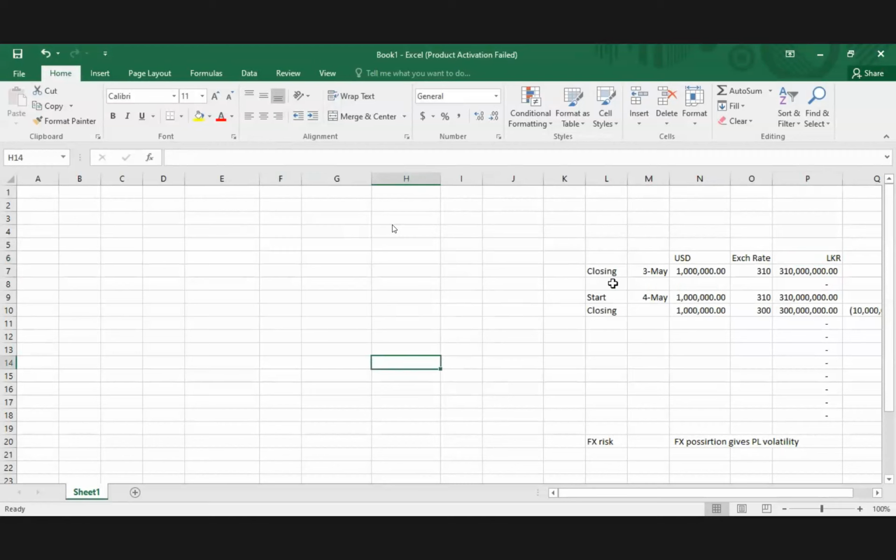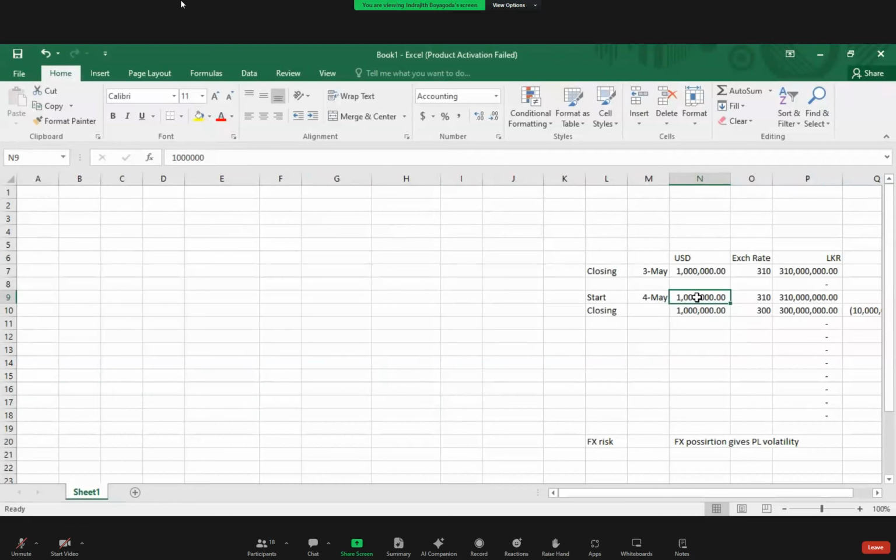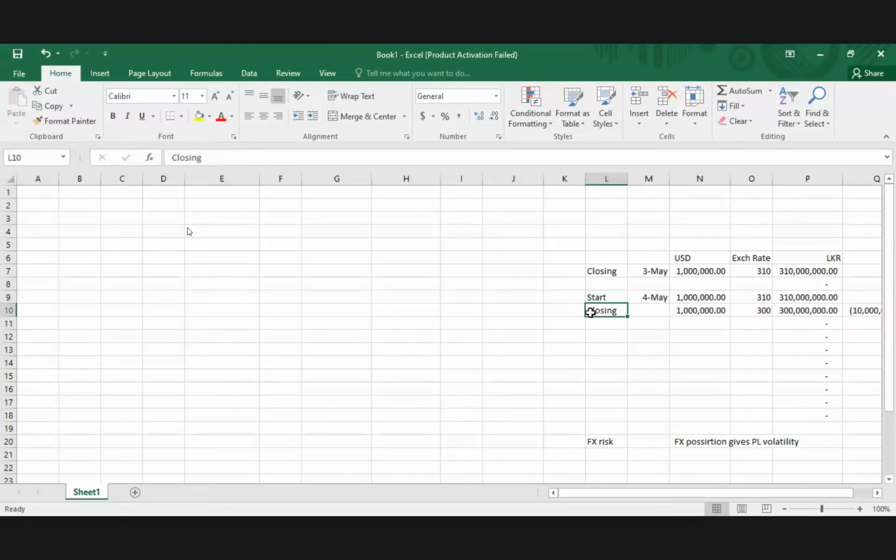Right? So today when I start, I had $1 million. I didn't do any transaction, let's say, throughout the day. I just sat on that $1 million. Today, when the day was closing, due to market changes, the exchange rate ended up at 300.